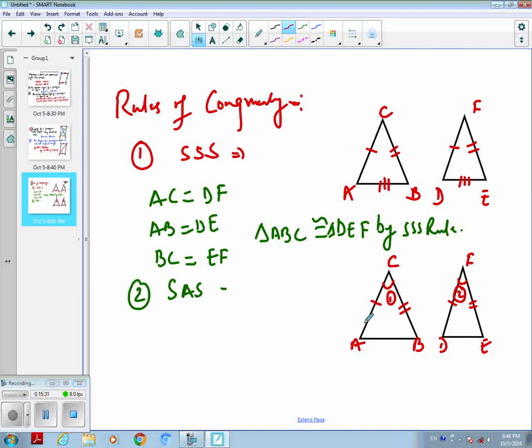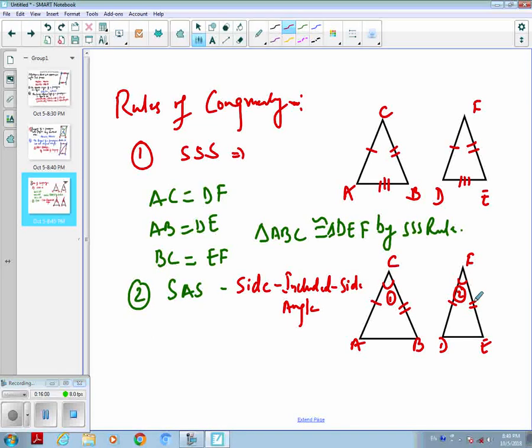Then the two triangles ABC and DEF are congruent to each other by SAS rule, side angle side. You can write this as side, included angle, and then side.